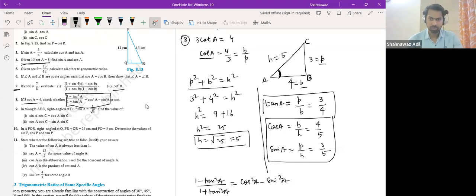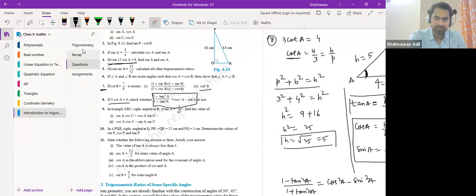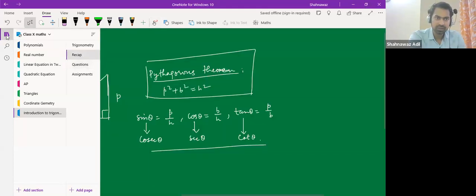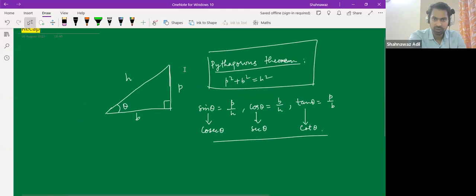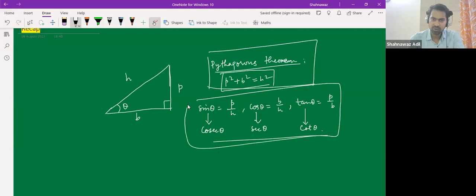Sir, can you go back? At first you explained that cot theta is the reciprocal of tan theta. Can you go to that page once? This one, yeah. So remember, in the first exercise, these are the only logics that are important.